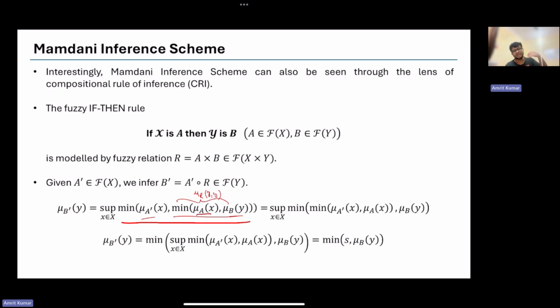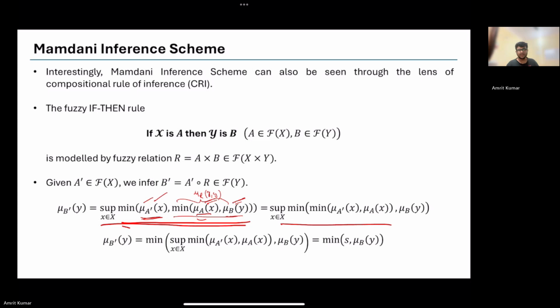In other words, we are taking the minimum of these three values: mu A dash of x, mu A of x, and mu B of y. But the minimum operation is associative. So instead of taking the minimum of these two values first and then taking its minimum with this, I could take the minimum of these two values first, and then take the minimum of whatever we get with mu B of y. In other words, I can write this exact same formula like this.